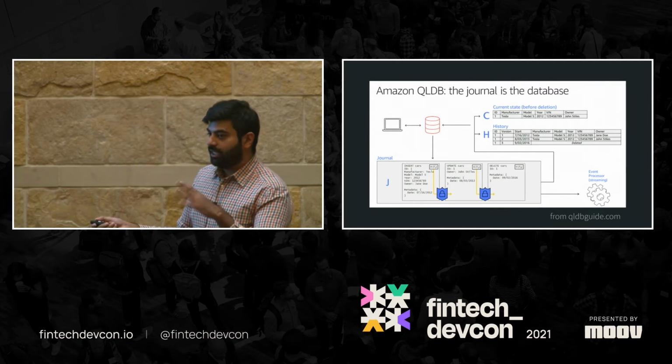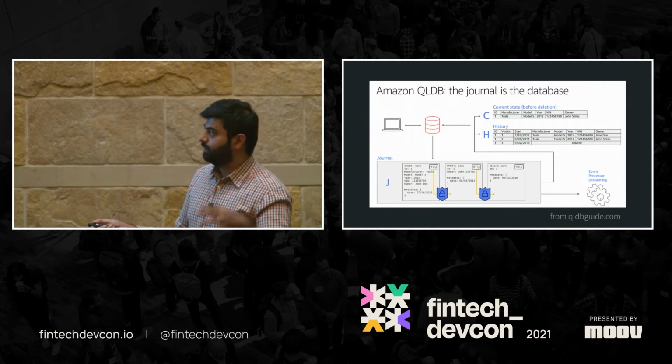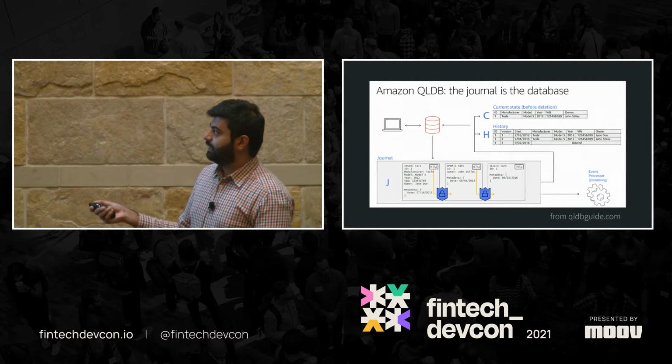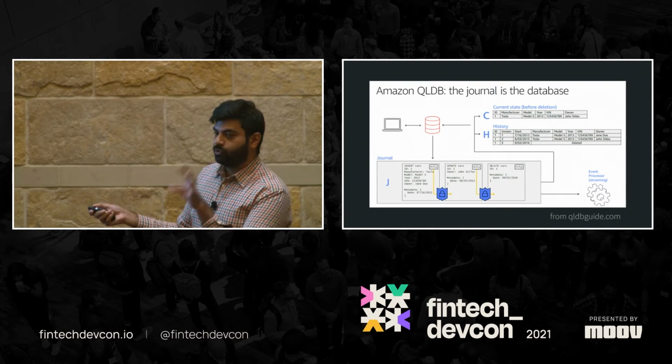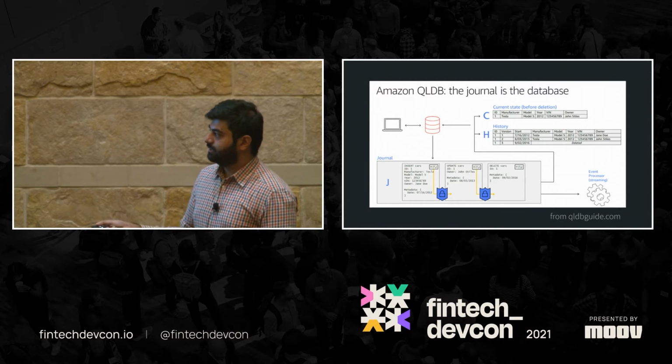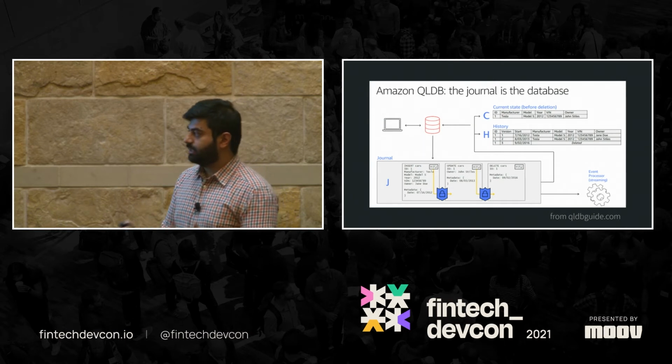And so usually when you're querying and using QLDB, you're accessing it like any other database, but you know that this isn't the true form of the data. This is a roll-up of all of the changes, and the journal is what's really storing the database.